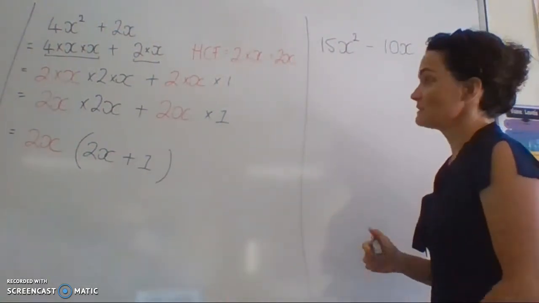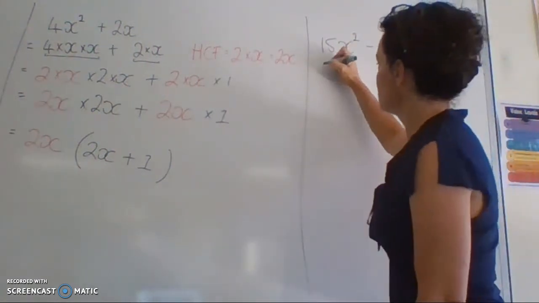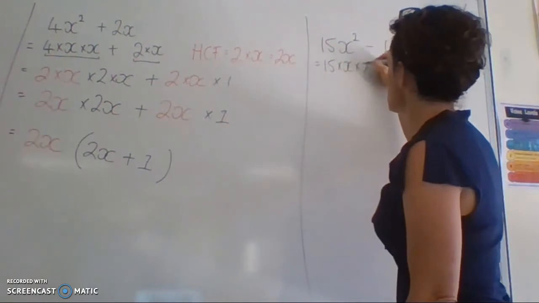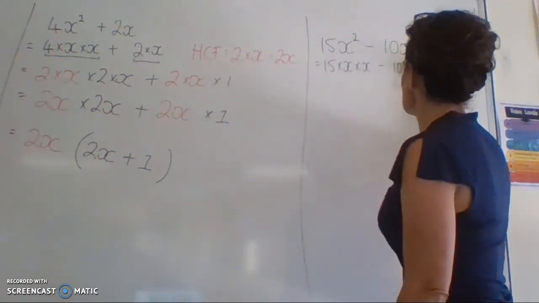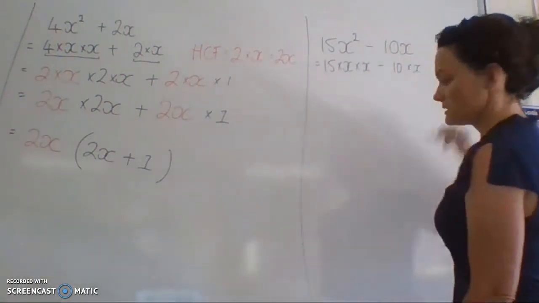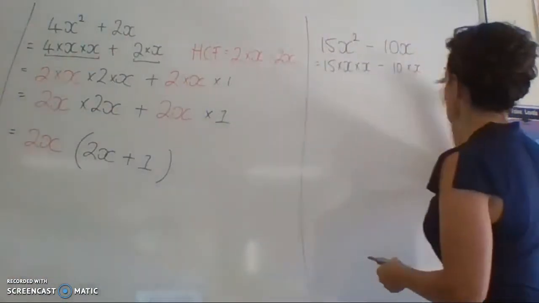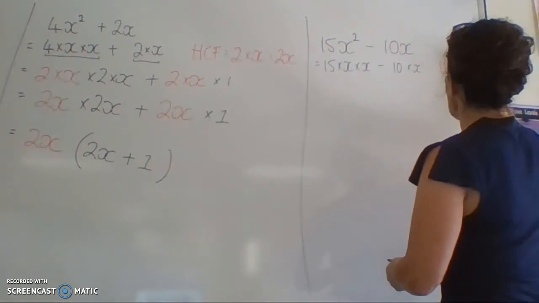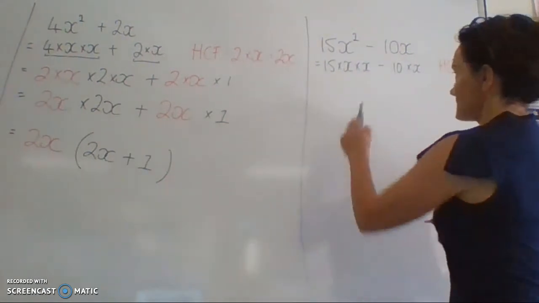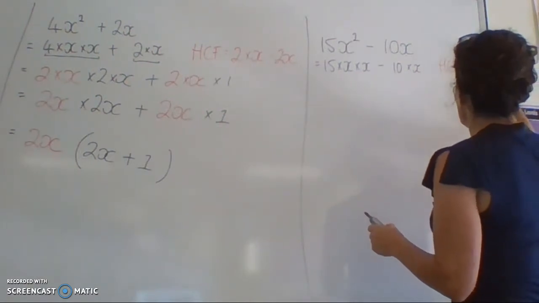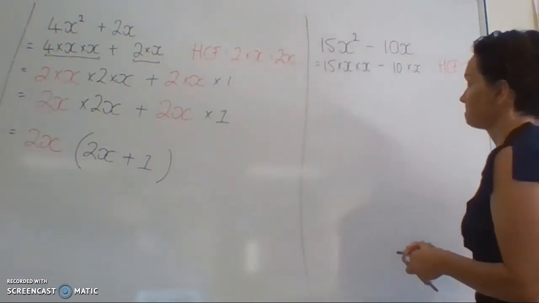So you can rewrite this in long form if you like. Equals 15 times x subtract 10 times x. So the highest common factor we know at this point is x, because x is in both sides. So it's something x, and we also know that 5 goes into both of those, so it's 5x.